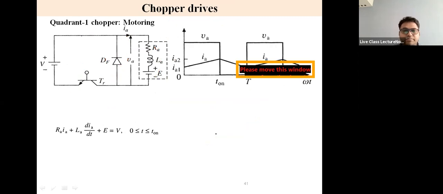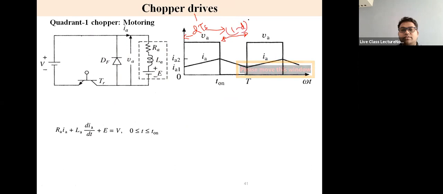Okay. So this is the chopper output waveform, whereas this is the duty cycle, DTs, and this is (1-D)Ts. Right? So when the IGBT is switched on, the current through the armature increases, and then after reaching a certain peak, when it is switched off, the current decreases.